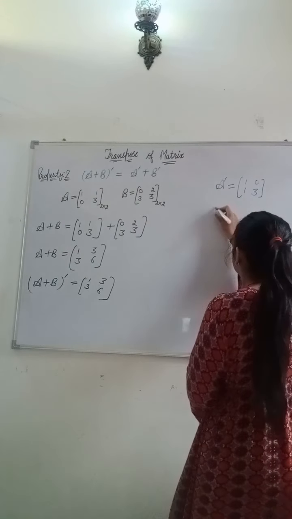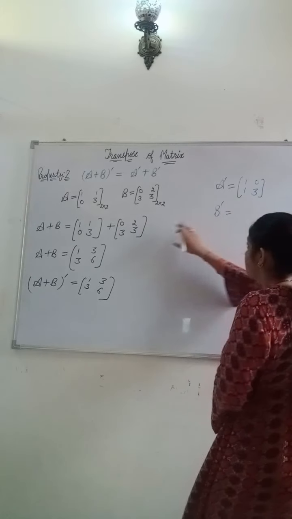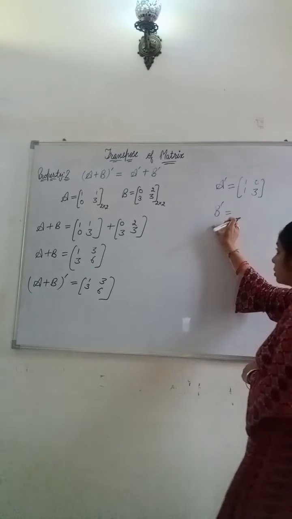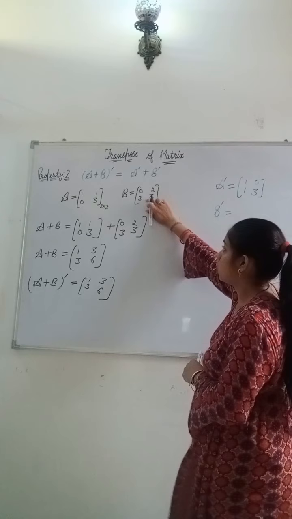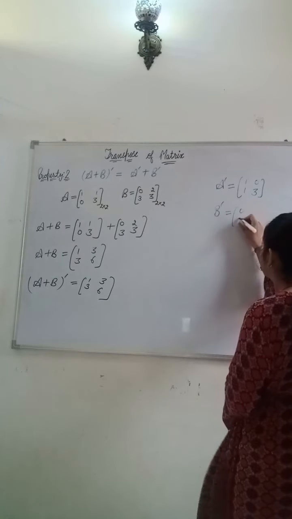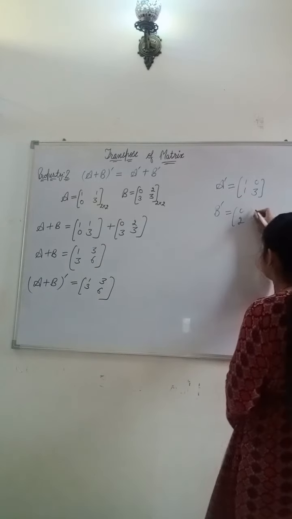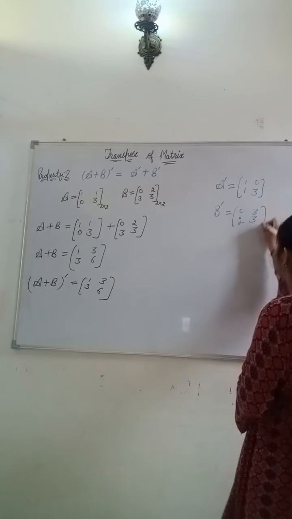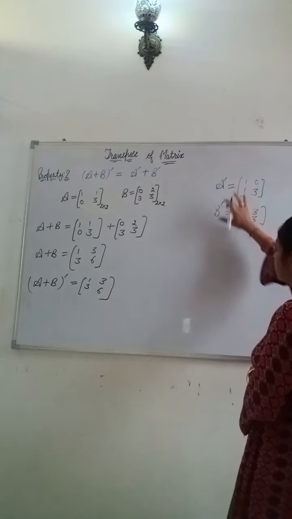Now do B transpose. To find B transpose, just interchange its rows and columns. This first row will become first column, second row will become second column. Now we have A transpose and B transpose.